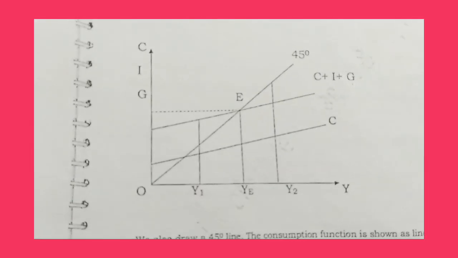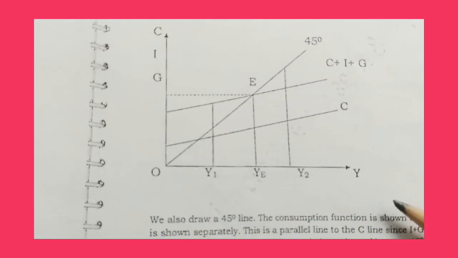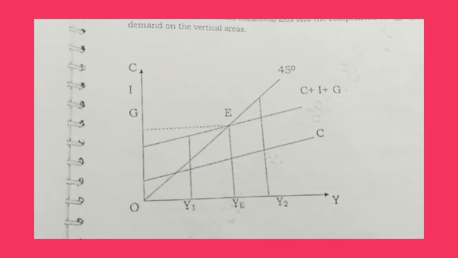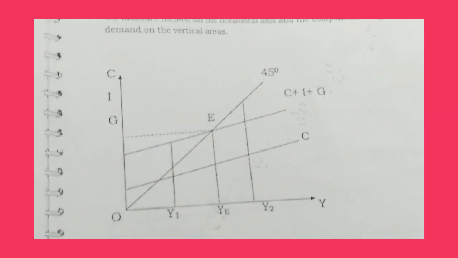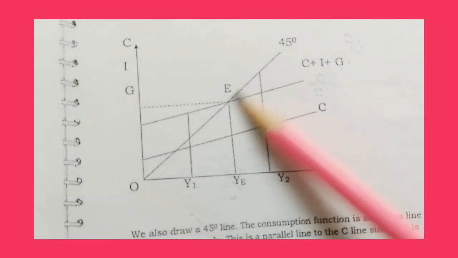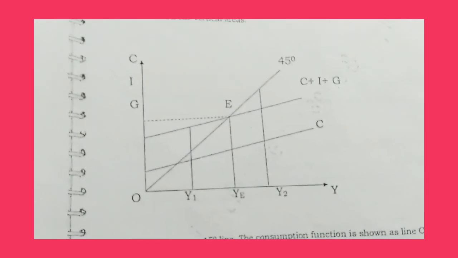Let's see with the help of the diagram. We measure income on the horizontal axis and the components of aggregate demand on the vertical axis. We also draw the 45-degree line. This line is called the aggregate supply curve.